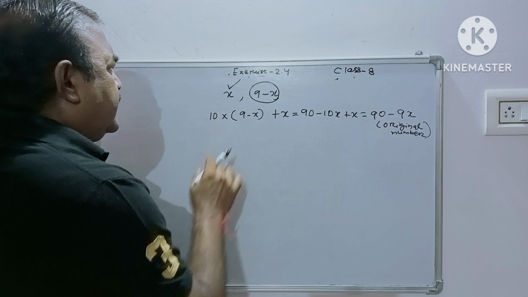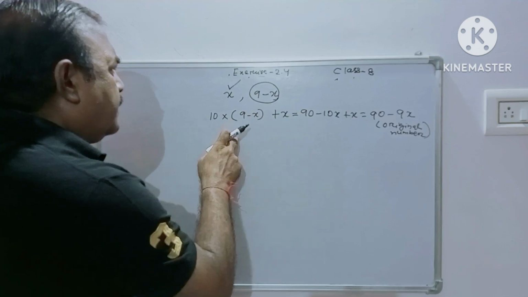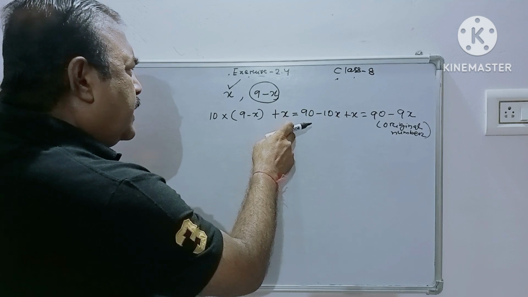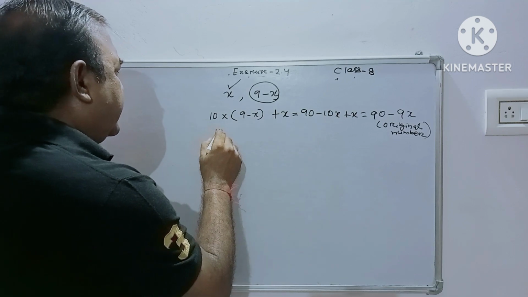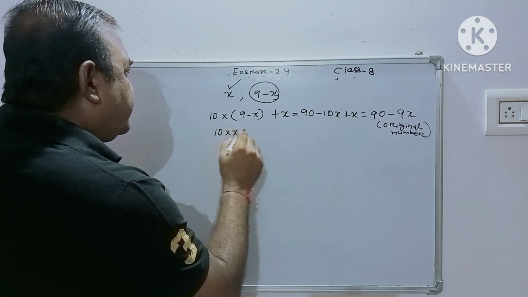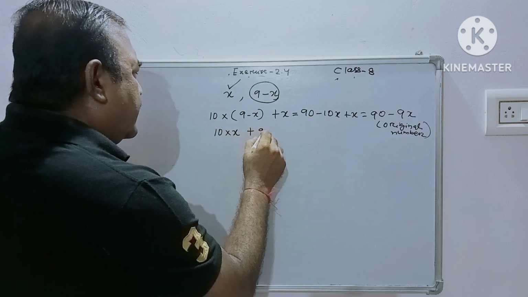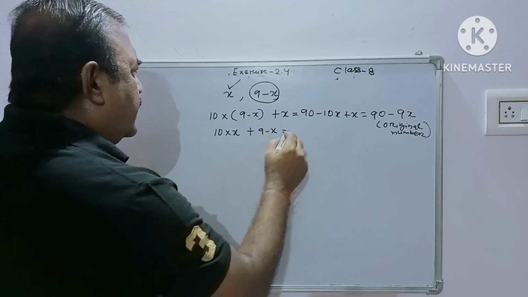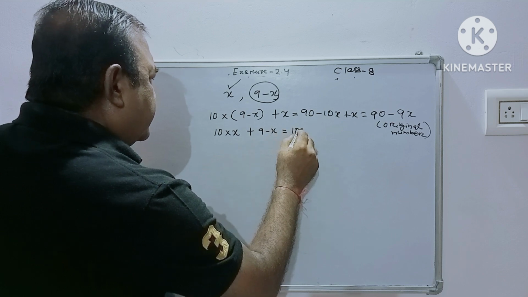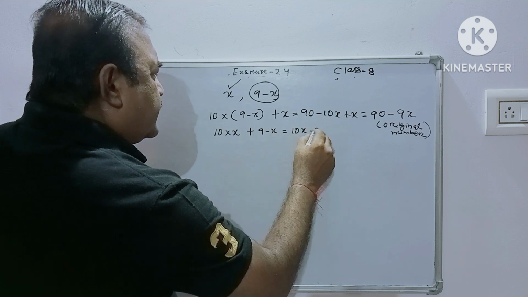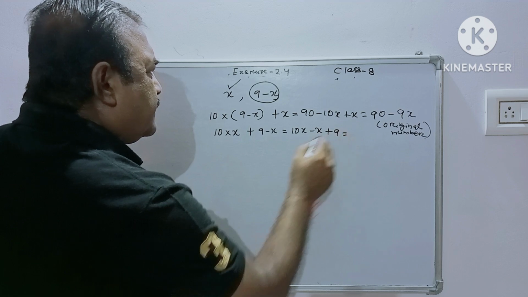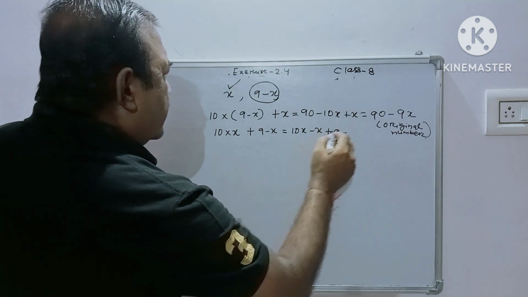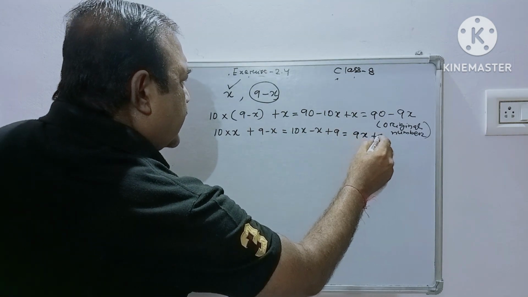And if we interchange the digits, that means the digit in the ones place will come to the tens place, and the digit of the tens place will move to the ones place. So here you can write 10 into x plus 9 minus x, that is equal to 10x minus x plus 9, that means 9x plus 9.